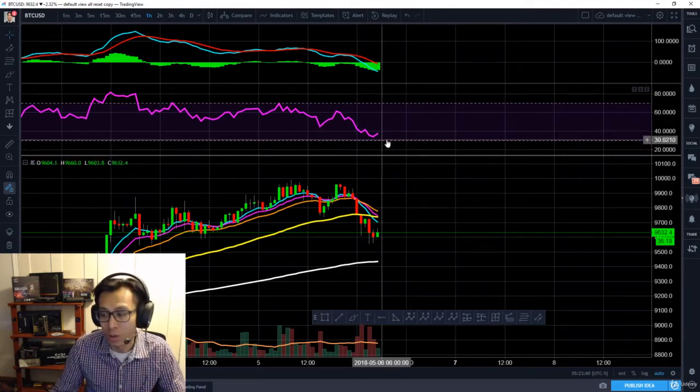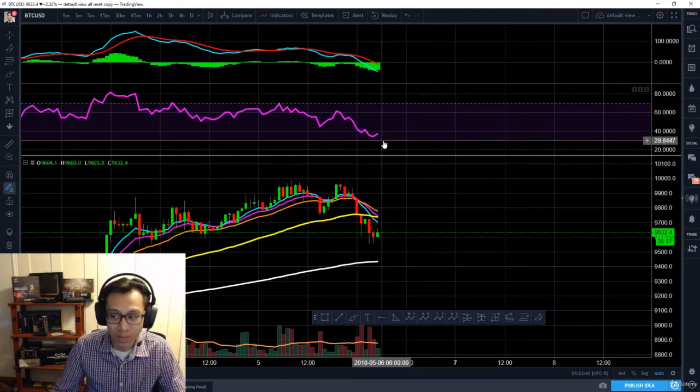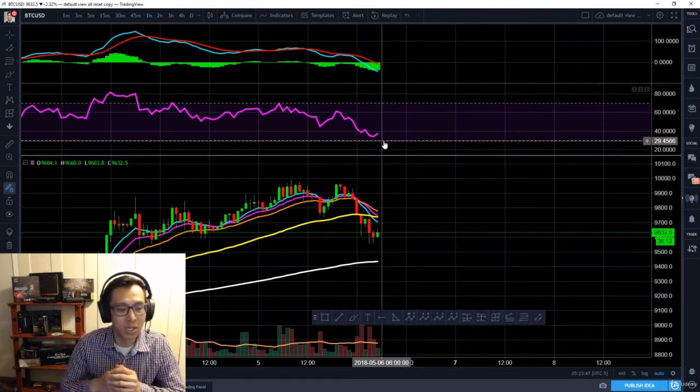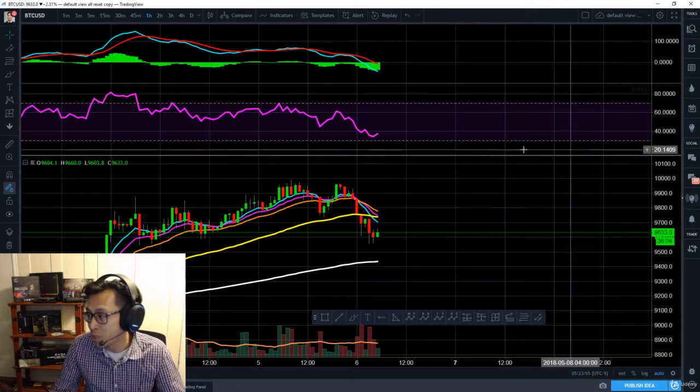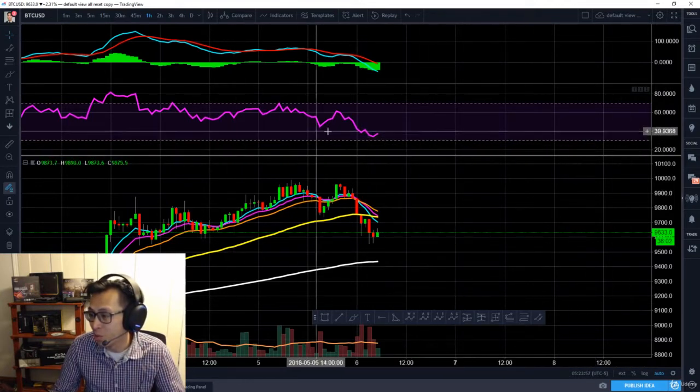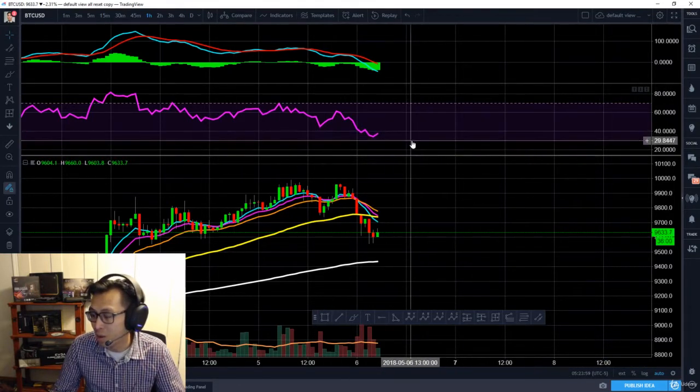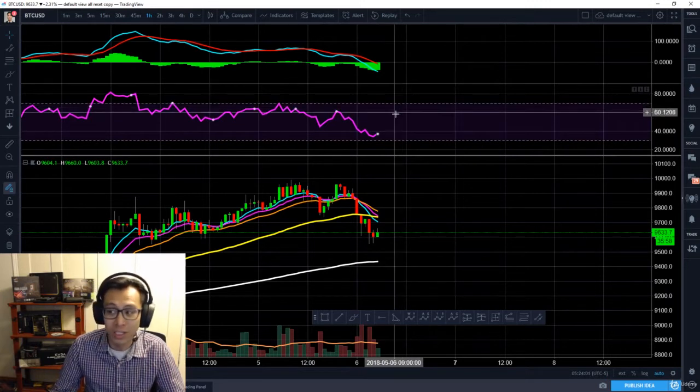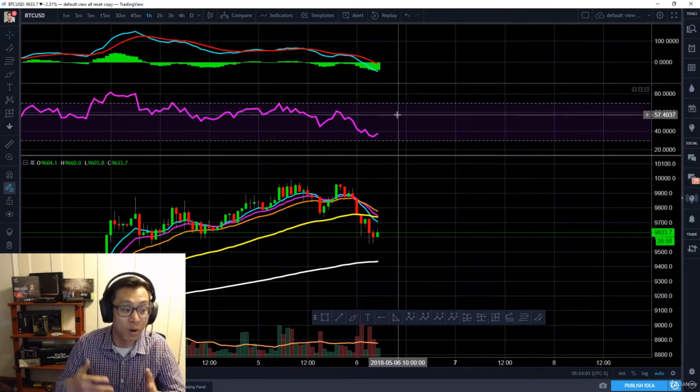So if it goes well below 30, or generally under 30, that would be considered oversold. Remember that under 30 is oversold. And there are these lines right here that give you a really good idea of where they are. Over 70 usually means that it's overbought.